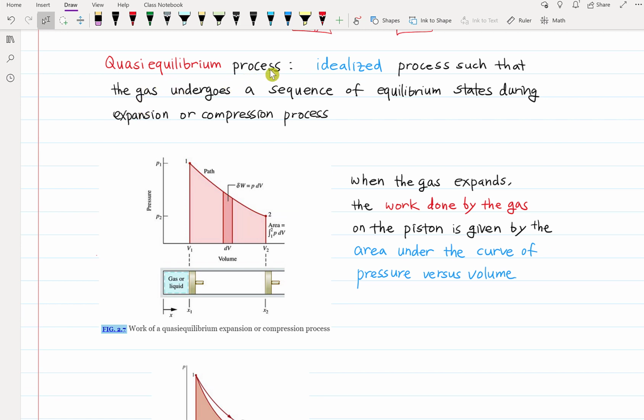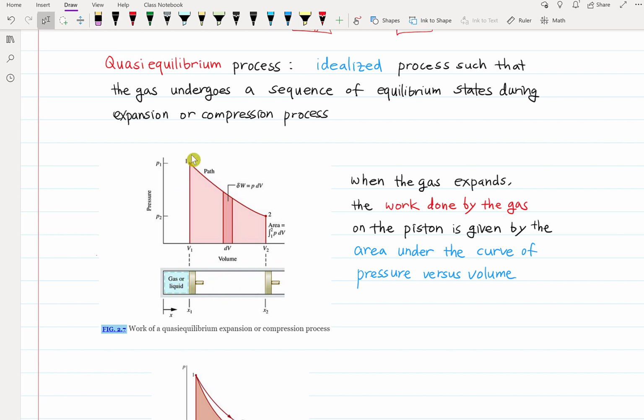Quasi-equilibrium process. This is an idealized process such that the gas undergoes a sequence of equilibrium states during an expansion or compression process. See this PV diagram, pressure and volume. It's a piston cylinder device.